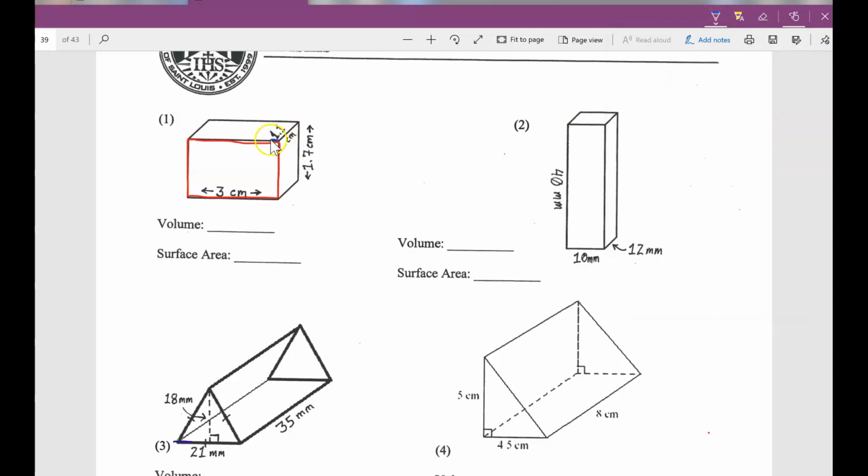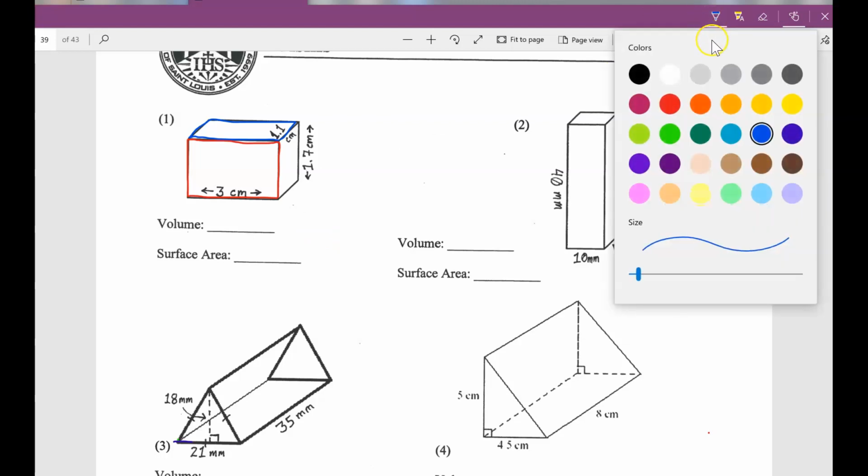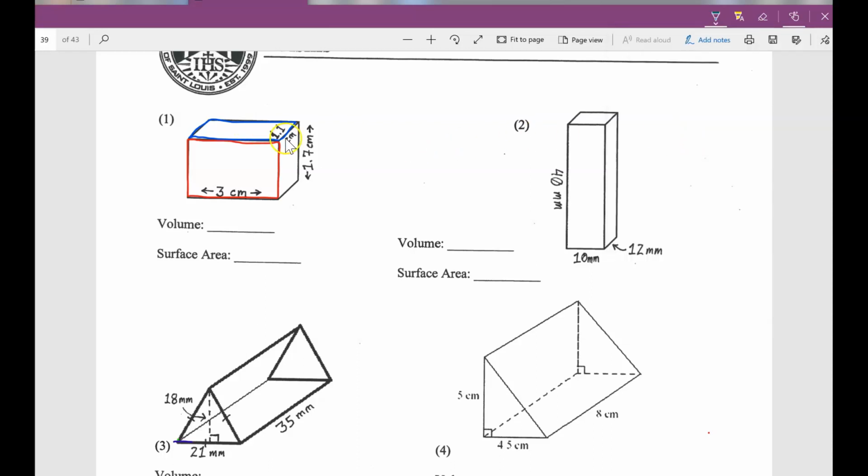Then we've got this one up here on the top, and of course you're going to have an identical rectangle on the bottom. And then finally you've got this side here on the right, and of course you're going to have an identical side to that on the left.